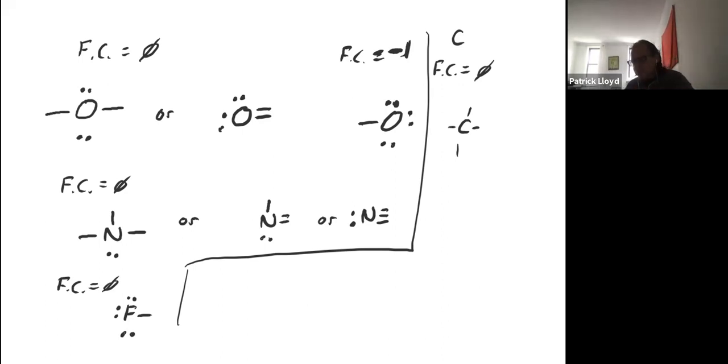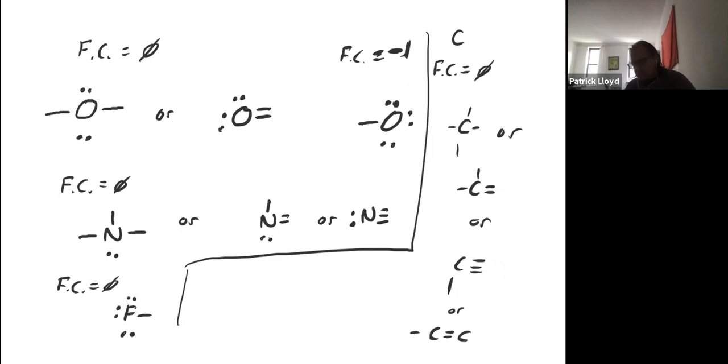And so you could do that way, or you could do it with a double bond and 2 single, or a triple bond and a single. You could also do it with 2 double bonds.